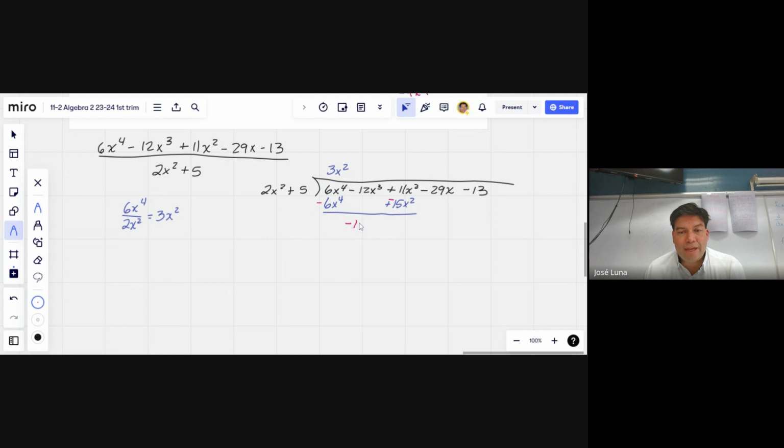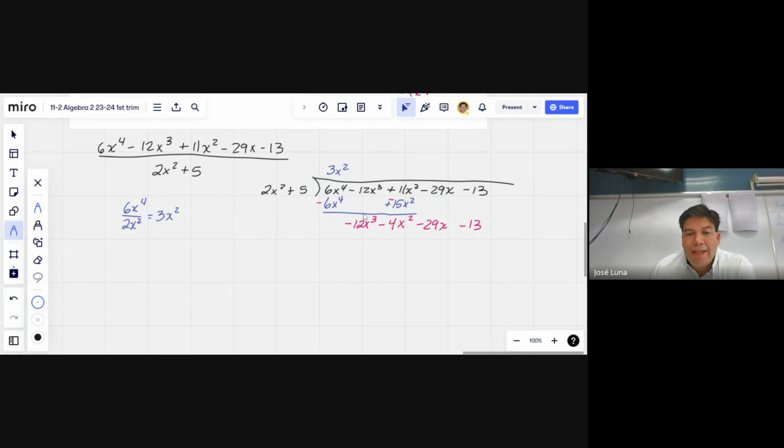It's left by itself, negative 12x cubed. Then we have 11x squared plus negative 15x squared. So 11 plus negative 15 is negative 4x squared. And then the rest, we don't have anything else, so I'm just going to bring them down: negative 29x minus 13.